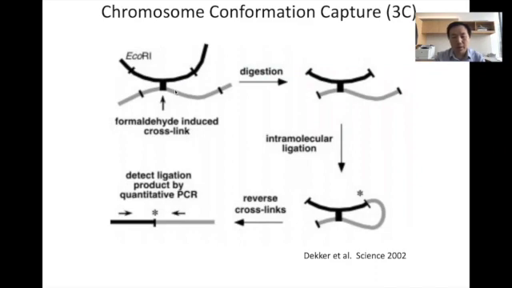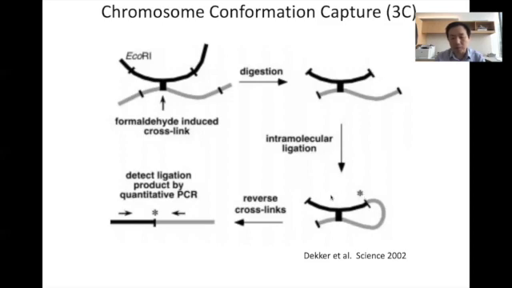What you need to do is cut the DNA with restriction enzymes. They can be 6 base cutters or 4 base cutters, and sometimes they leave sticky ends, not evenly cut, right? So you cut your DNA and you will have a product like this. In the next step, you induce ligation so that this part is ligated to this part.